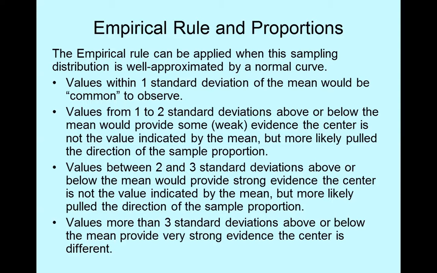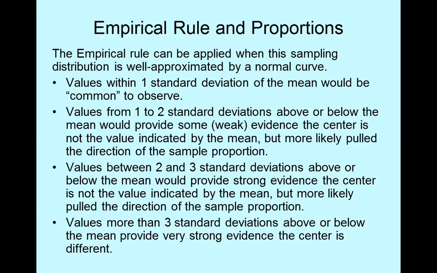Now, as values move farther away from the mean, the evidence gets stronger that your sample doesn't support the value you have for the center or the mean. So values between 2 and 3 standard deviations above or below the mean would provide strong evidence that the center is not the value you indicated for the mean, but more likely is pulled whichever way that sample proportion is located.